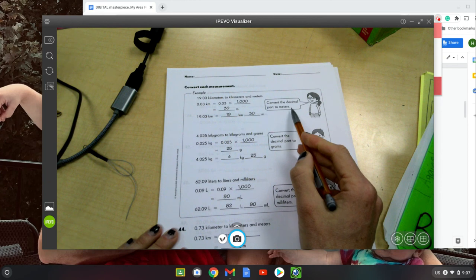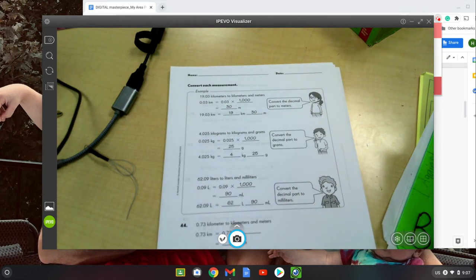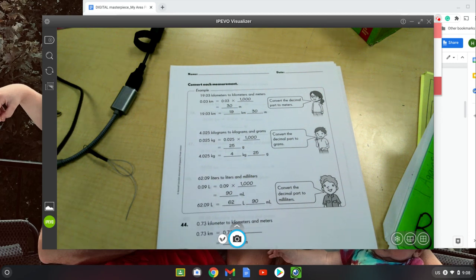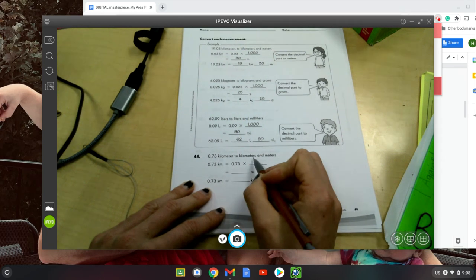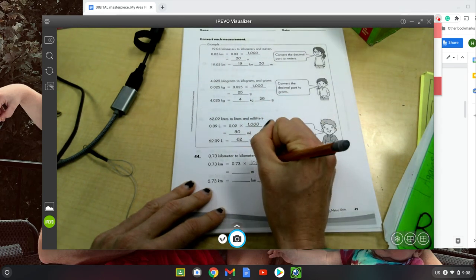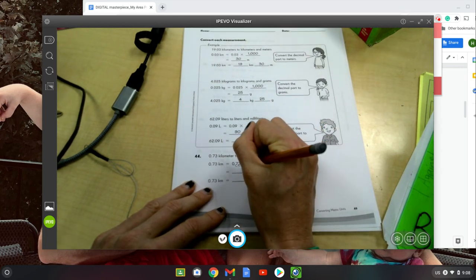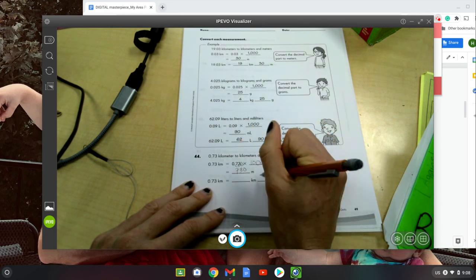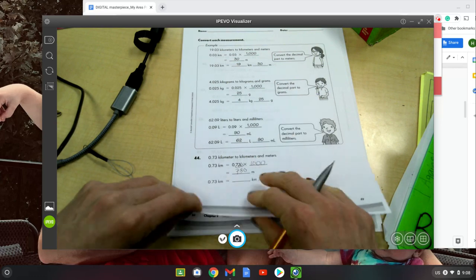Now I'm looking at the decimals and the parts of the whole here. So let's see here. Kilometers to meters. I'm going to multiply by 1,000. 1, 2, 3 is 730 meters.